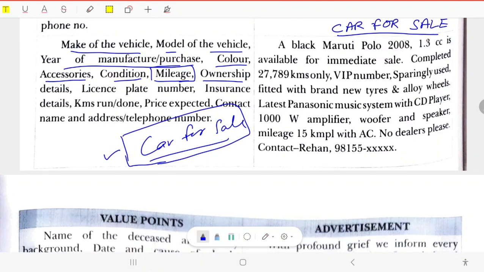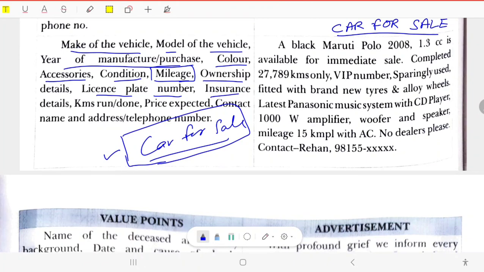Owner driven means you can charge more money, because people feel that if it is driven by the owner, it is well maintained. So we mention owner details, license, plate number, insurance.